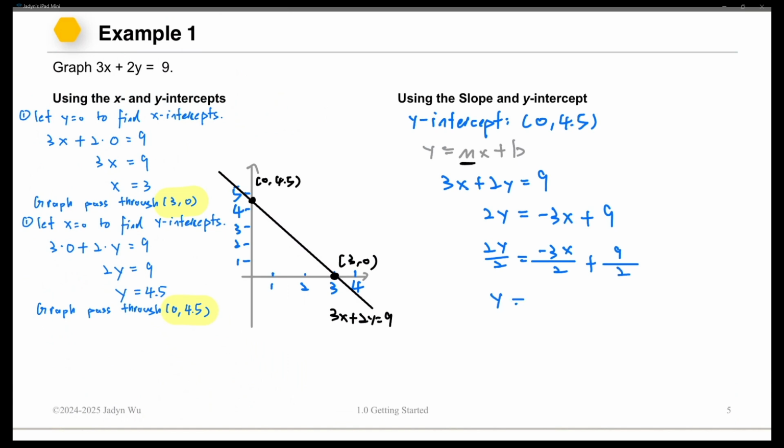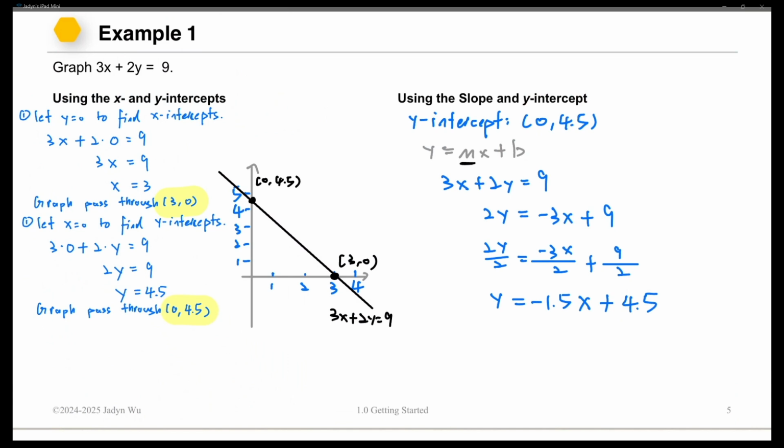Calculating, we get y equal to negative 1.5x plus 4.5. You can also see that the b value represents the y-intercept as well. Now we know that by going right by 1 unit, the y will go down by 1.5 units.